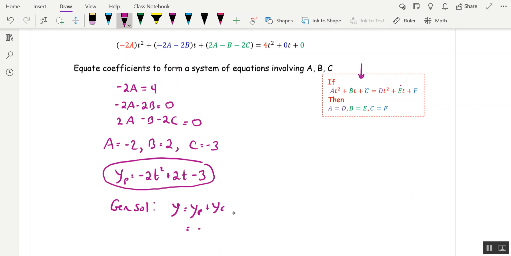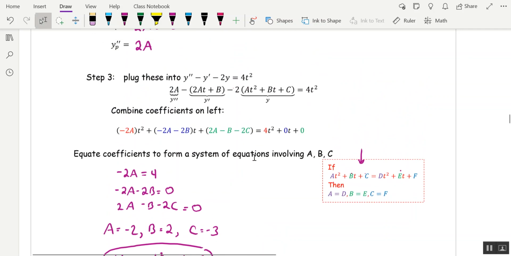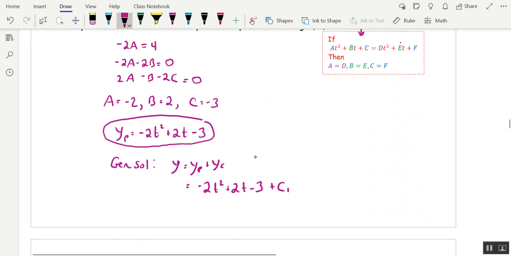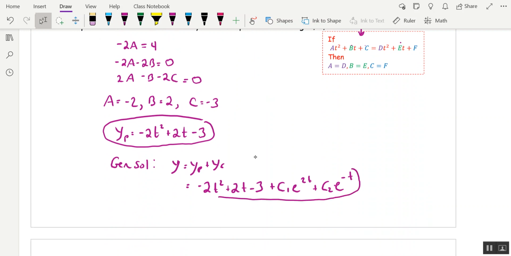So that would have been negative 2t squared plus 2t minus 3, and then yc was c1 e to the 2t plus c2 e to the negative t. There's my general solution.